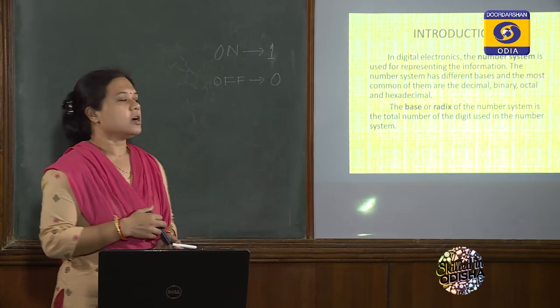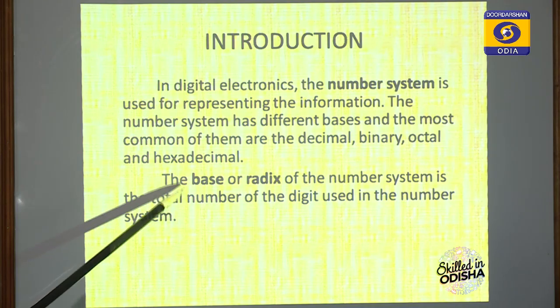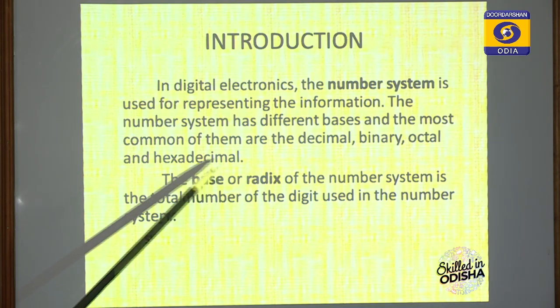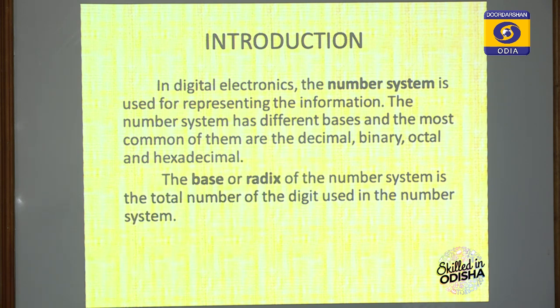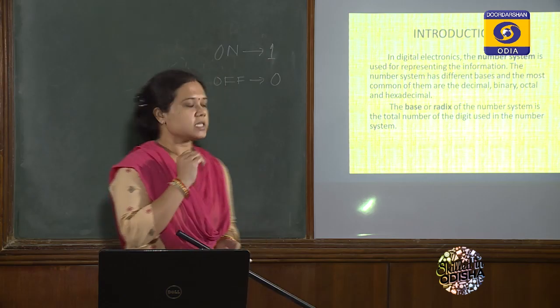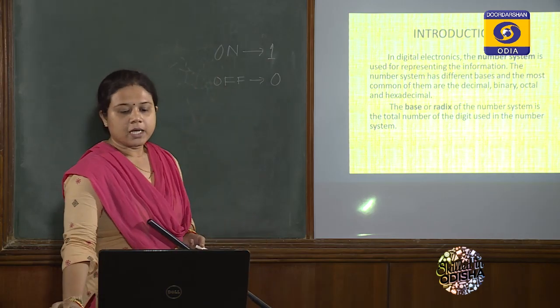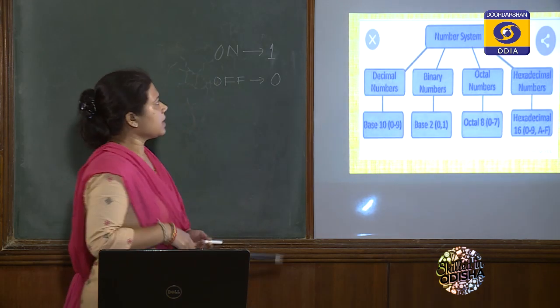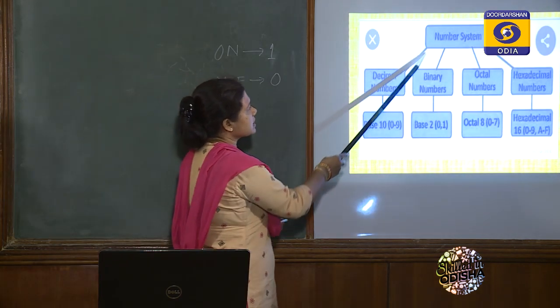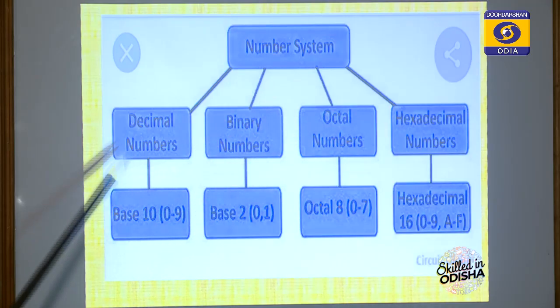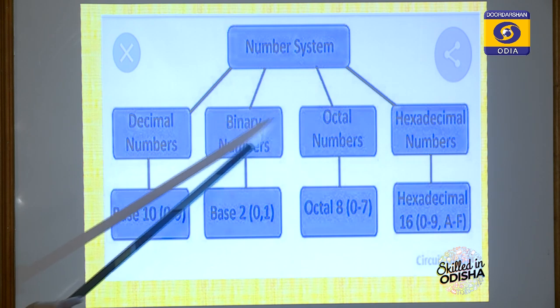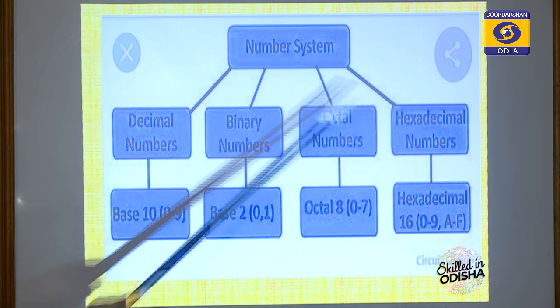In digital electronics, one term that will come is the base or radix. The base or radix of a number system is the total number of digits used in the number system. Next is the number system. Here we will cover four types: decimal, binary, octal and hexadecimal.